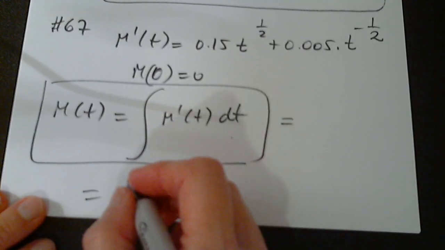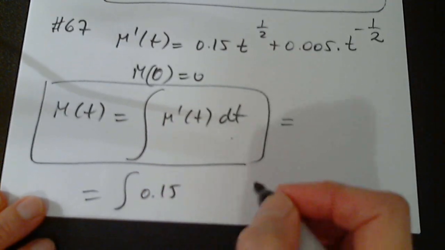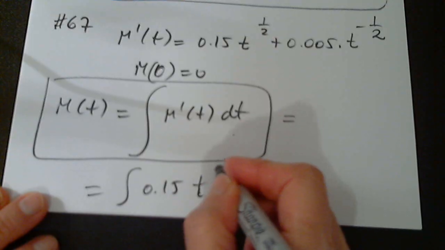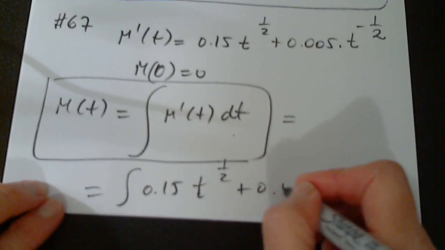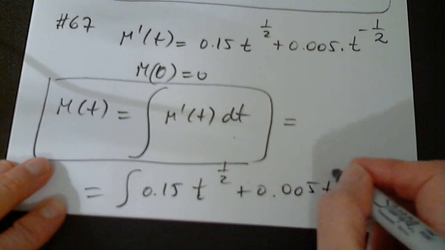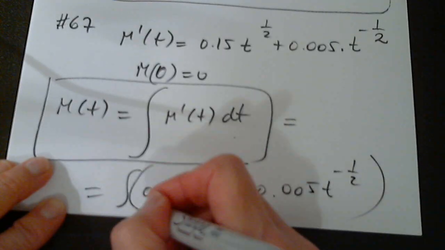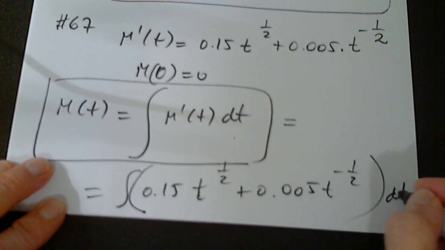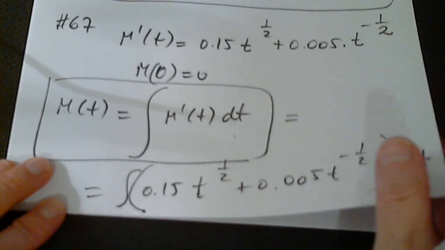I'm going to copy it: the integral of 0.15 t to the 1/2 plus 0.005 t to the negative 1/2, don't forget parentheses, dt.